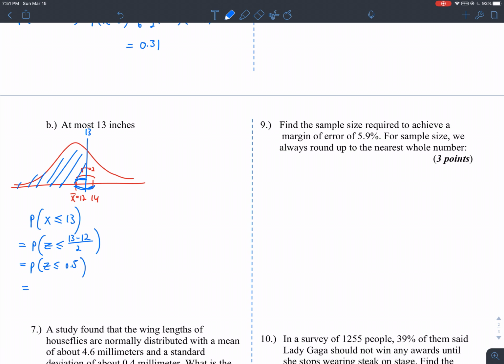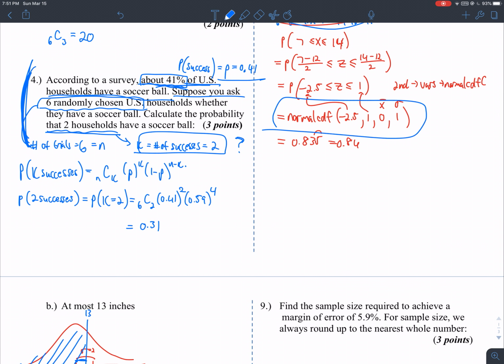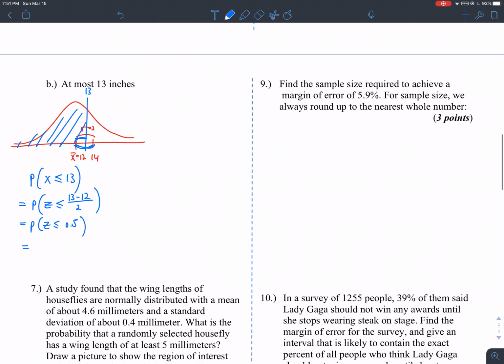And again, what you would enter in your calculator, if you don't get the stats wizard, is normal CDF. What is the lower bound? It's negative infinity, but we usually just enter negative 10,000 because I can't enter negative infinity.